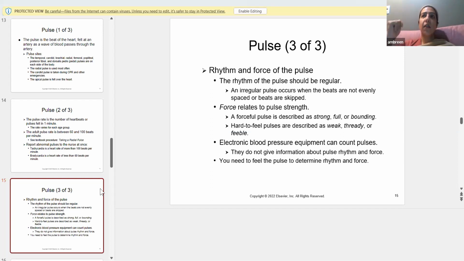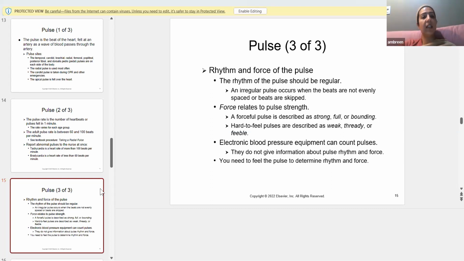When you are checking for somebody's radial pulse and it's very weak, you will have to put a lot of pressure. Then you might feel a pulse. You say that pulse is weak. It's a thready or a feeble pulse. Electronic blood pressure equipment can count pulses. Yes, we do not check pulses manually nowadays.